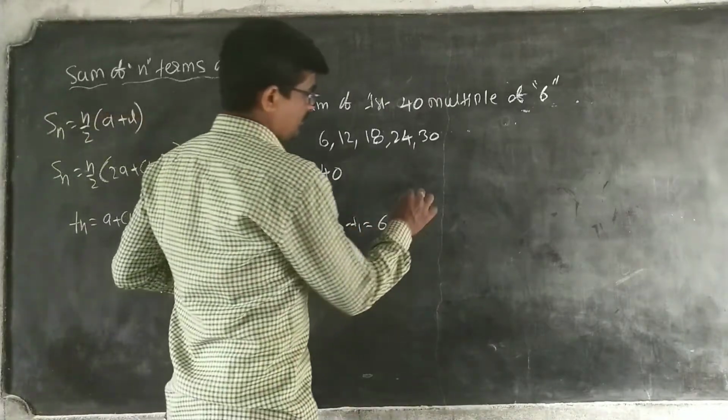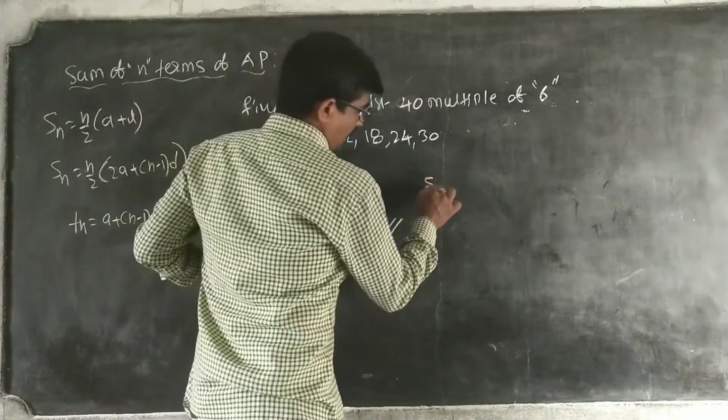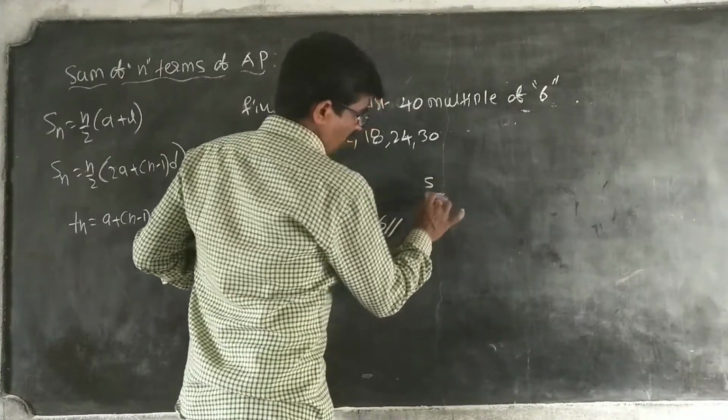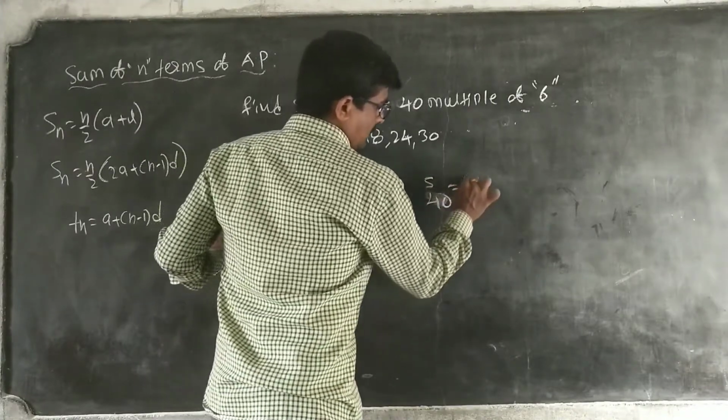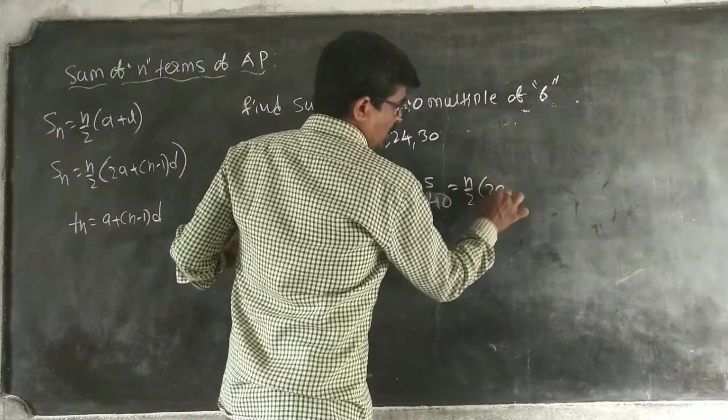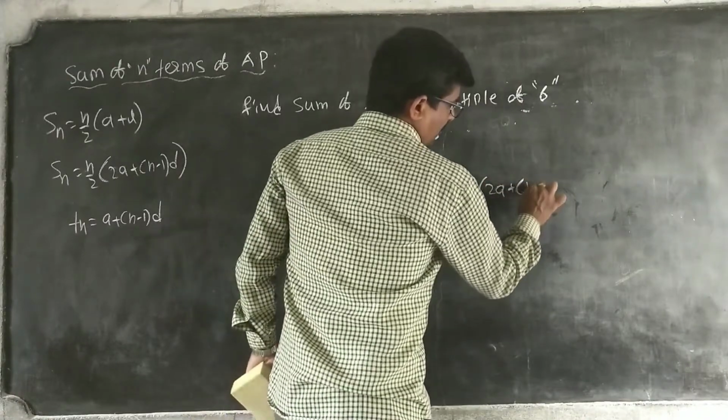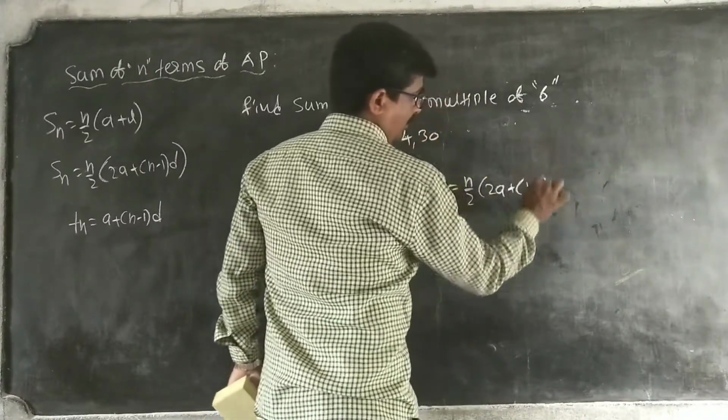Now S40 is equal to n by 2 into 2a plus n minus 1 into d.